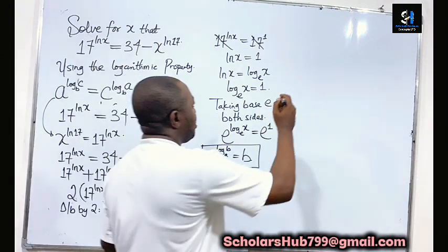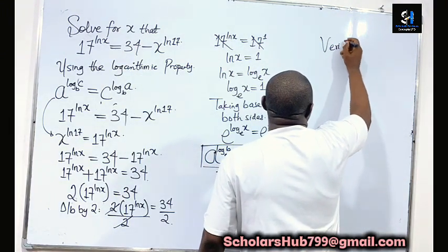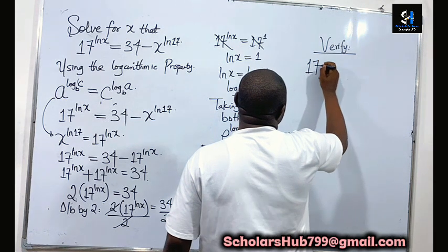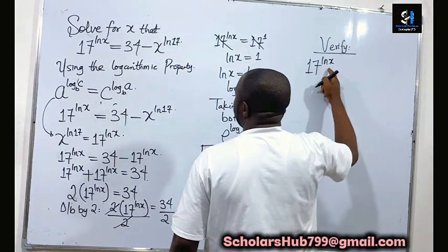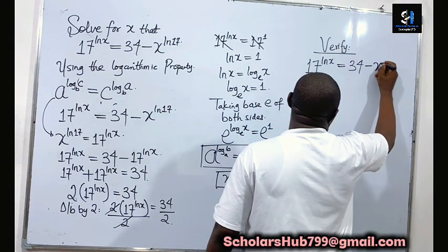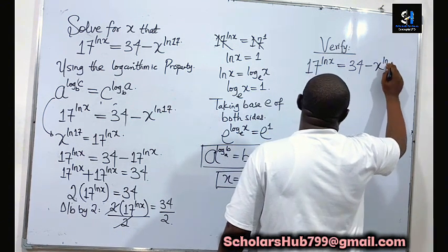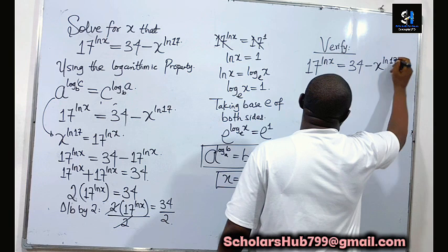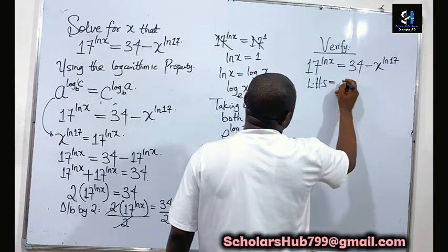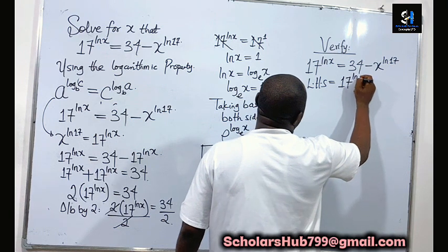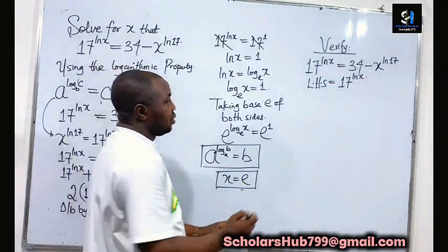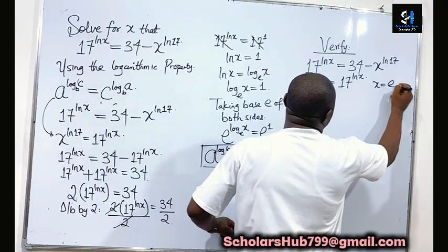Now let's verify our answer. The given equation is 17 raised to the power of ln x equals 34 minus x raised to the power of ln 17. Now the left hand side is 17 raised to the power of ln x. The value of x is e.